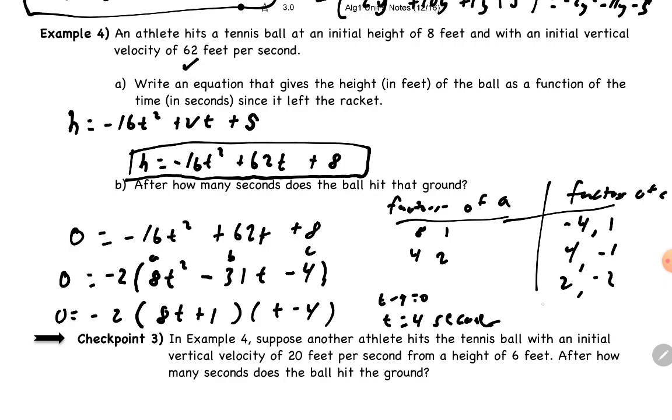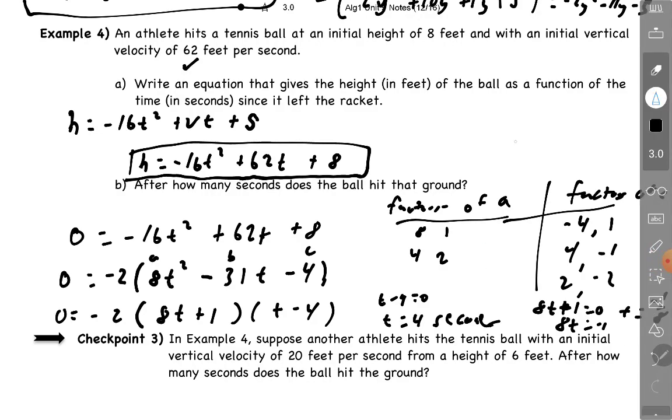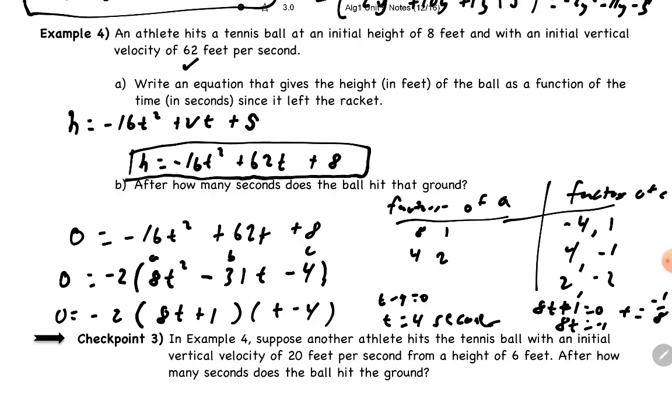If I look at 8t plus 1 equals 0, I'll get 8t equals negative 1, and then t would be negative 1/8 seconds. And since time is positive, this answer is incorrect.